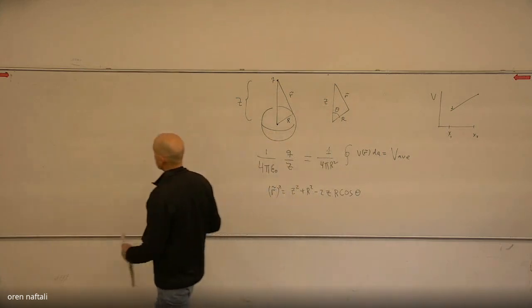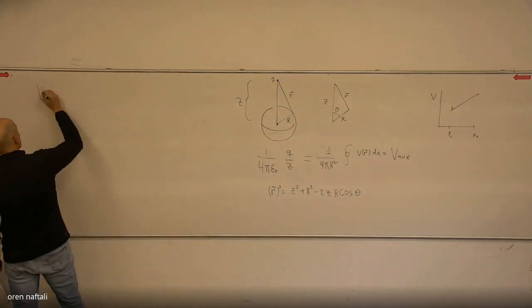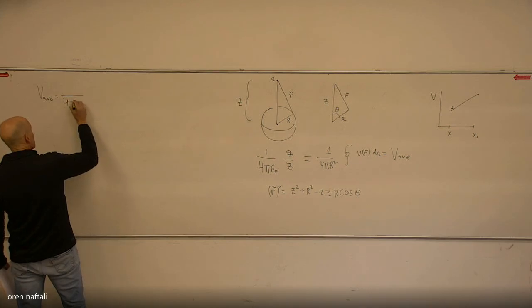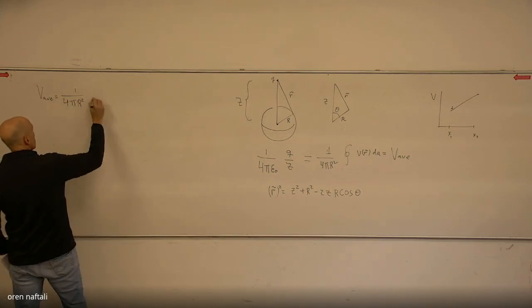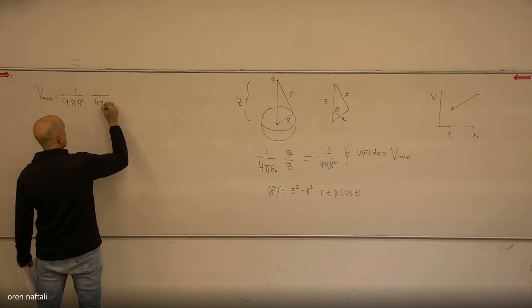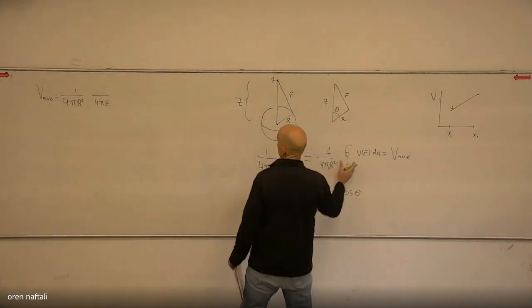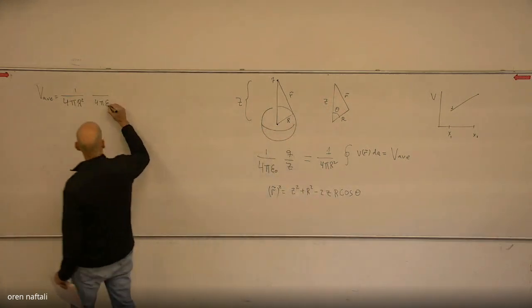So what do we need to solve? It's not difficult. The average: this is the surface of the sphere, 1 over 4 pi R squared, and 1 over 4 pi epsilon 0 comes from the potential, the usual factor.